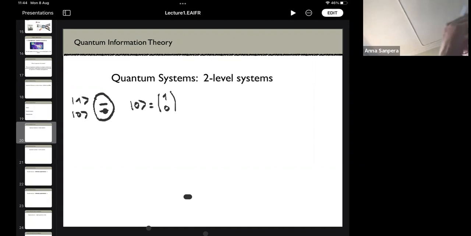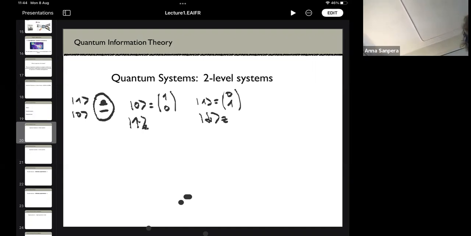Or it can be a Rydberg atom, or something like that. So this is 0. And if I want to write 1, I have my atom which is excited, or my spin which is pointing the other way. So this can be spin up along the z direction, for instance, and spin down along the z direction. It can be any of these things.